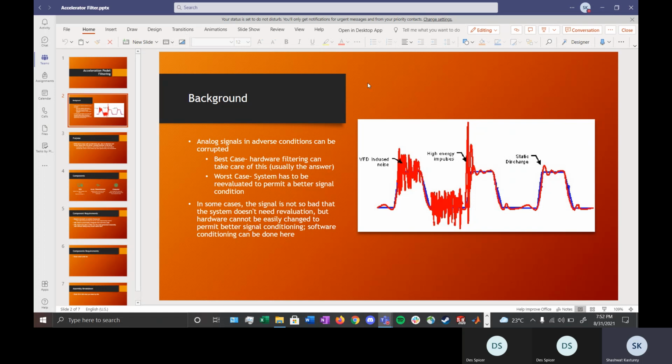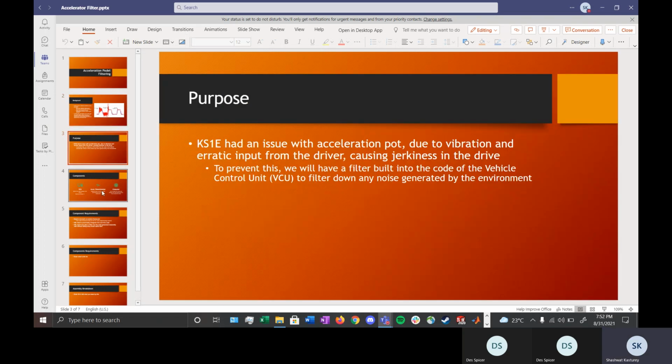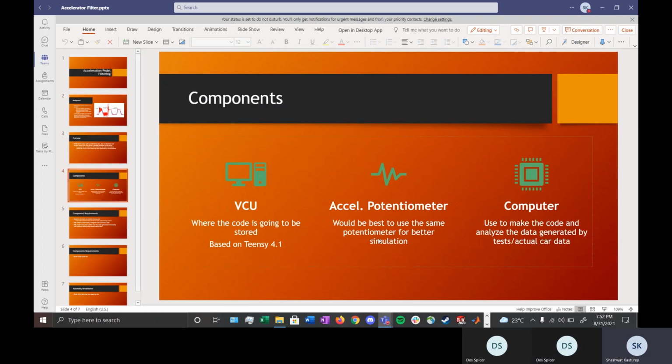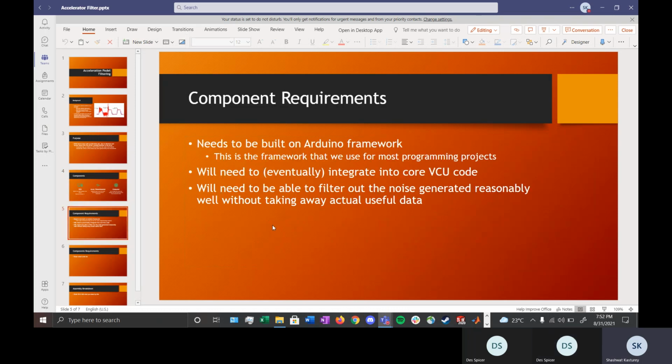There are a variety of ways to write filters. You have Kalman filters, you have FFTs, fast Fourier transforms, and you have moving average filters. I think what this project will involve, well, it's what Des described here, is programming a filter in VS Code for any throttle input, any accelerator input.